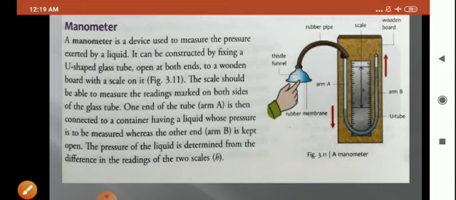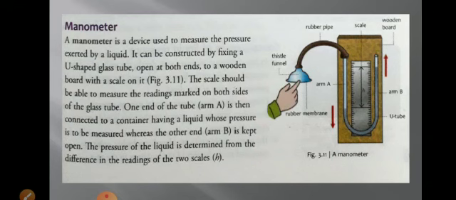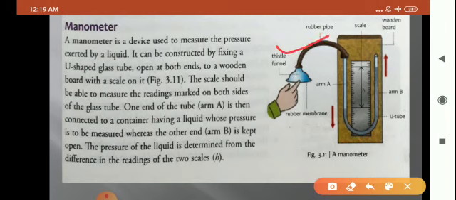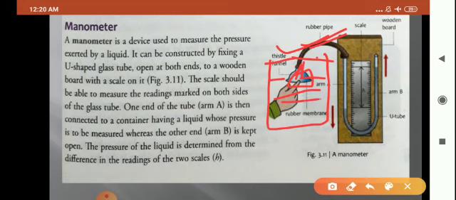On this thistle funnel side, whichever liquid's pressure we want to determine, we take that liquid in a tall glass jar container and we dip this thistle funnel in that liquid whose pressure we need to determine. In whichever liquid we need to determine the pressure, we dip this thistle funnel. Okay.